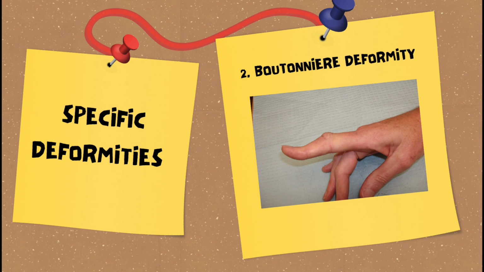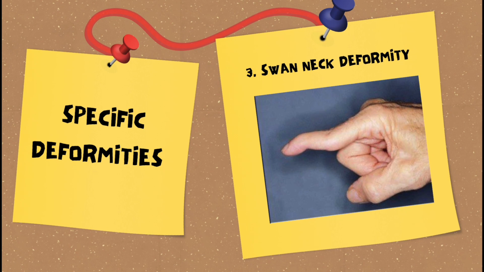The result is that the middle joint, PIP joint, of the injured finger will not straighten and remains flexed, while the fingertip bends back, hyperextends. Lastly, the swan neck deformity. Swan neck deformity is characterized by hyperextension of the proximal interphalangeal joint, PIP, and flexion of the distal interphalangeal joint, DIP.